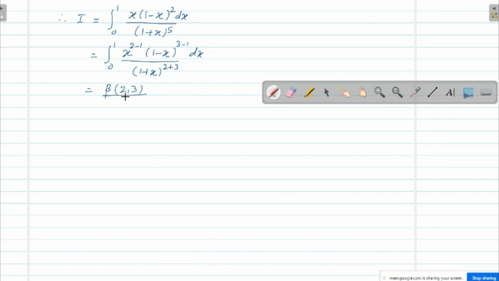Beta of (2, 3) divided by 2 raised to m, where m is 2. Why is this so?